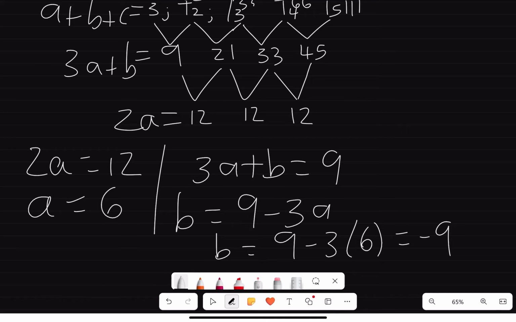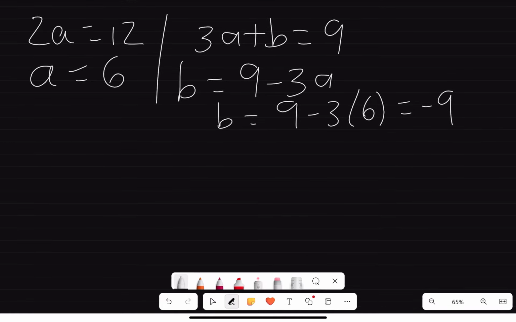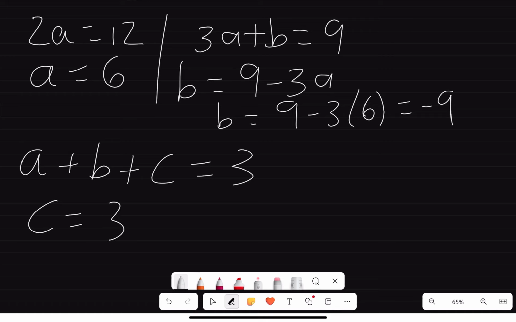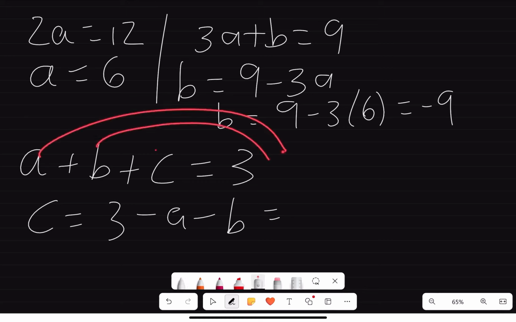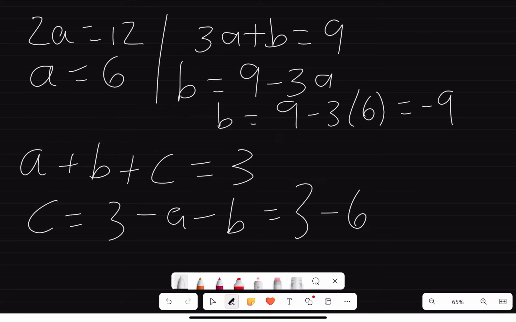Awesome. And then we know that a plus b plus c equals 3. We know that c is going to be 3 minus a minus b. Why? Because this will go that side and that will go that side, and they are all going to be minuses. So it's 3 minus 6 minus negative 9.